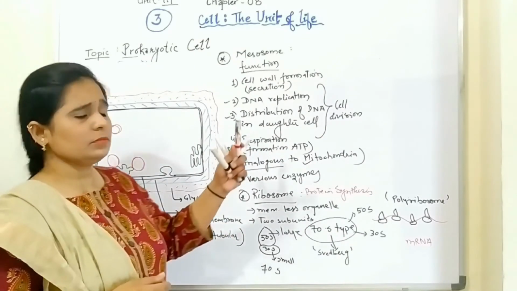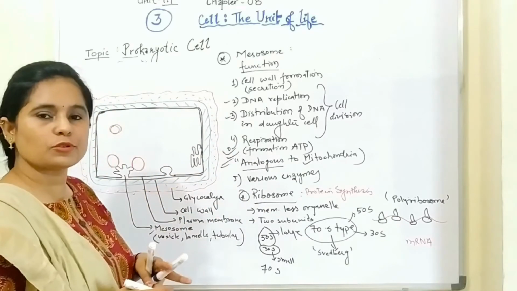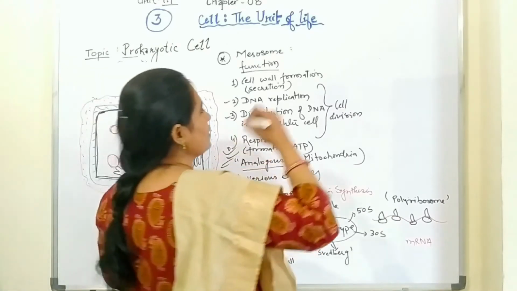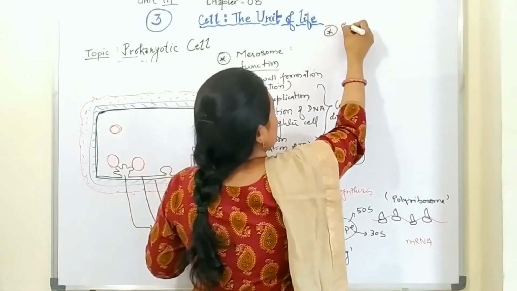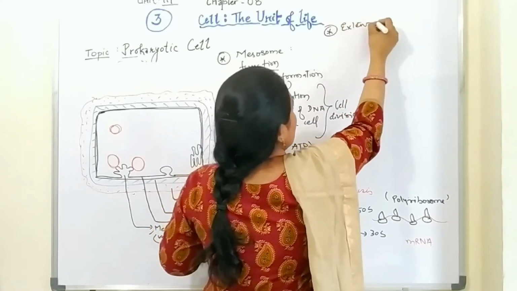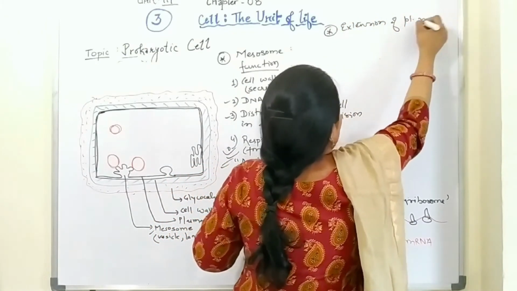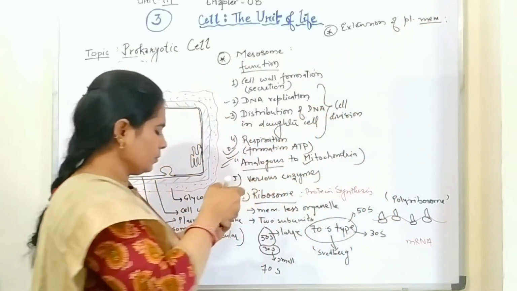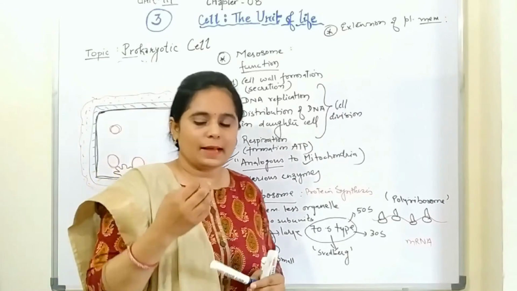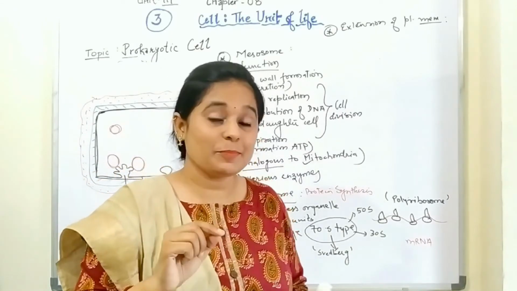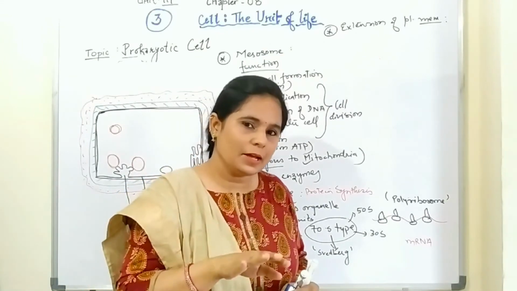Now the next topic. We have done mesosome and ribosome, and the last topic is the extension of plasma membrane. So plasma membrane is having two extensions. अब आपको पता है प्रोकैरियोटिक सेल्स motile भी हो सकते हैं and non-motile.